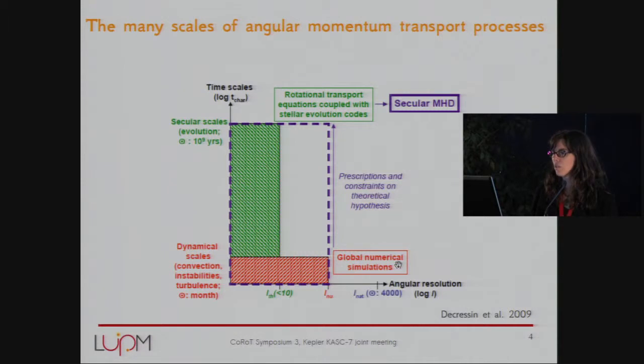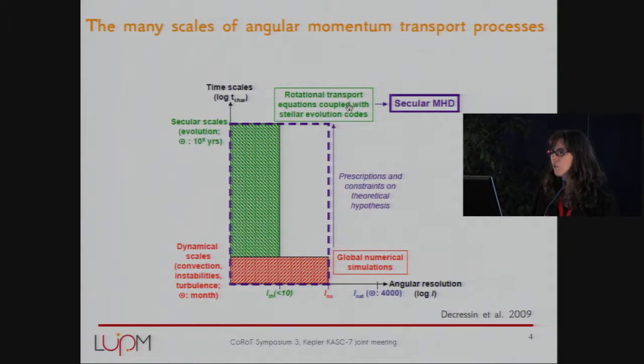Unfortunately, up to now, it's not yet possible, even though there are many efforts in the international community to go in this direction. And so we are stuck with this kind of scheme where you have the theoretical hypothesis that can look at lots of scales and all the time scales.